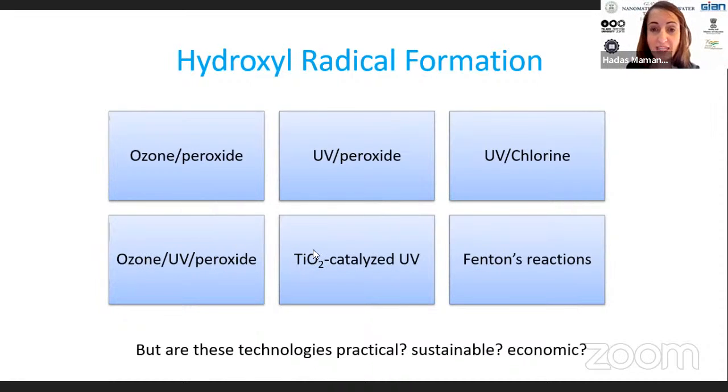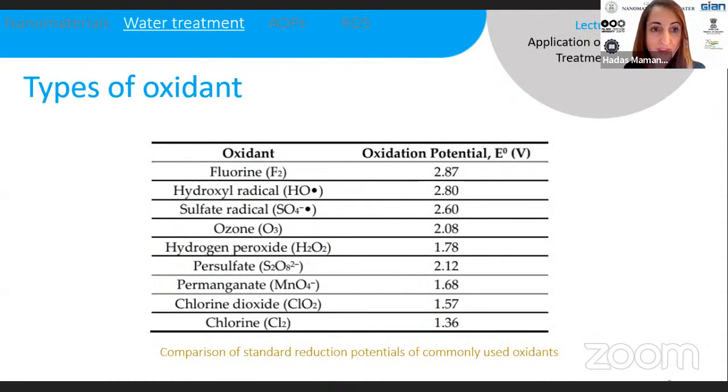For example, we can have TiO2 catalyzed UV and Fenton reactors. But again, we always must ask the bottom line: are these technologies practical? Are they sustainable? And are they economic? Okay, so these are things that we actually must ask ourselves.